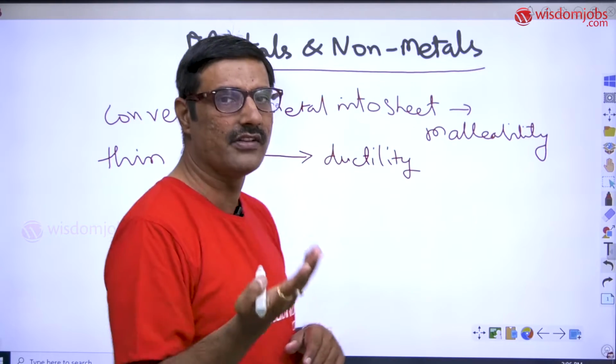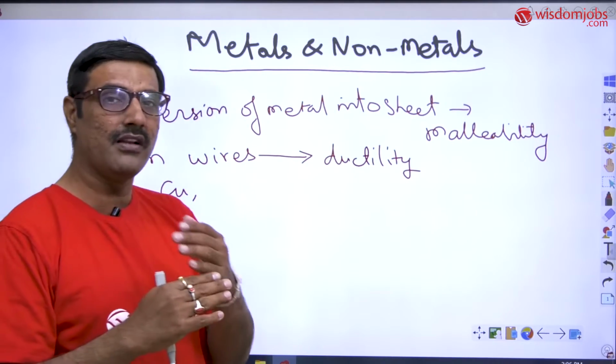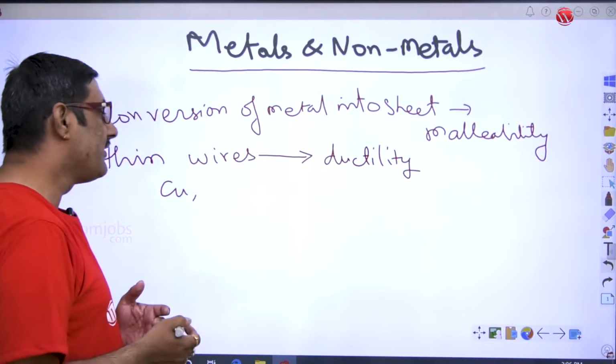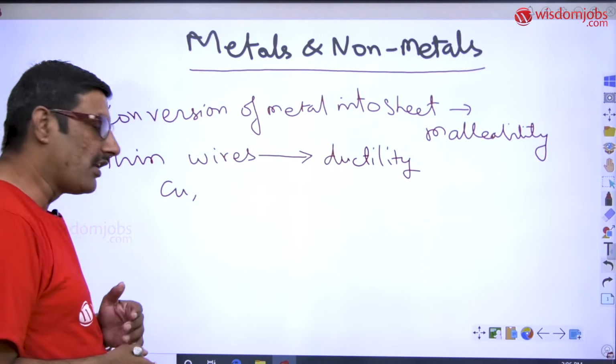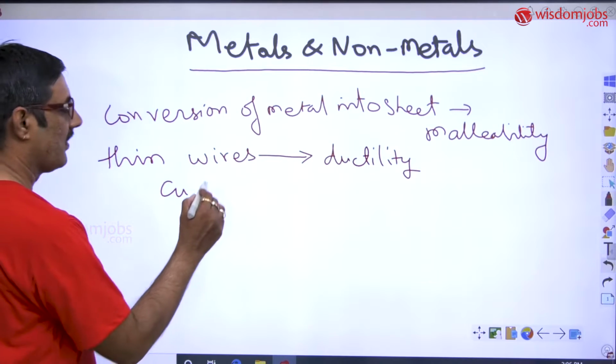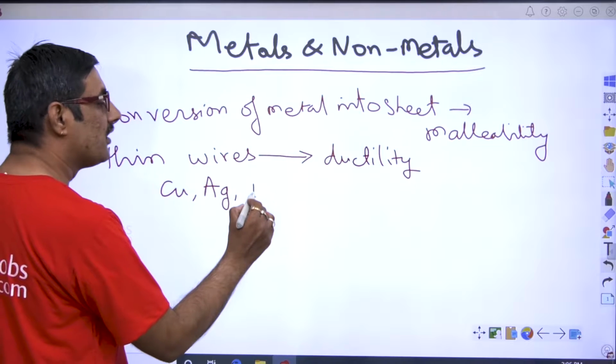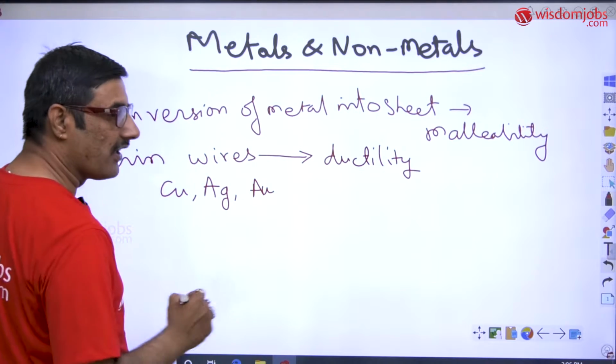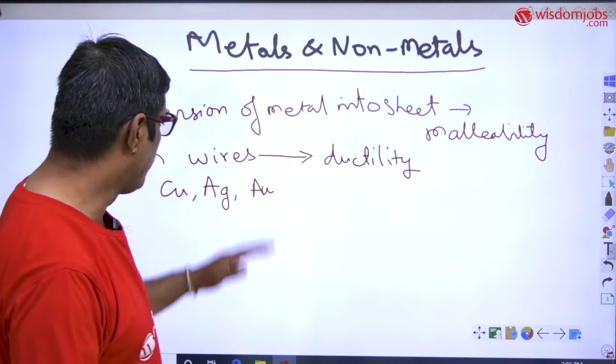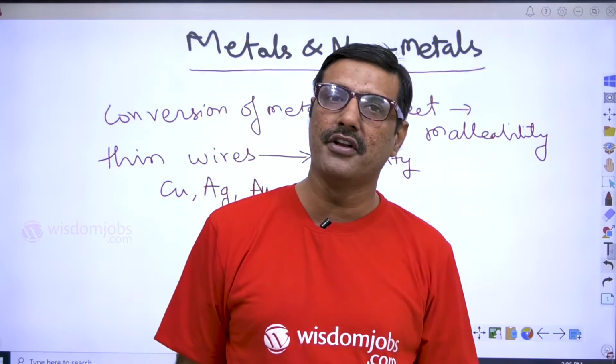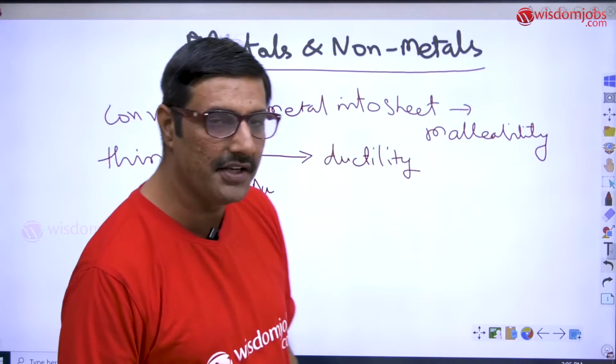That property is called ductility. Metals like copper, silver and gold are converted into wires, and they are ductile in nature.